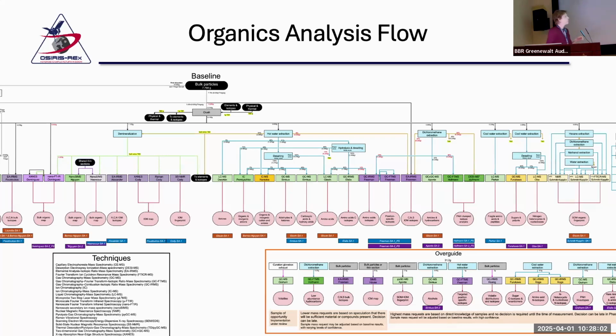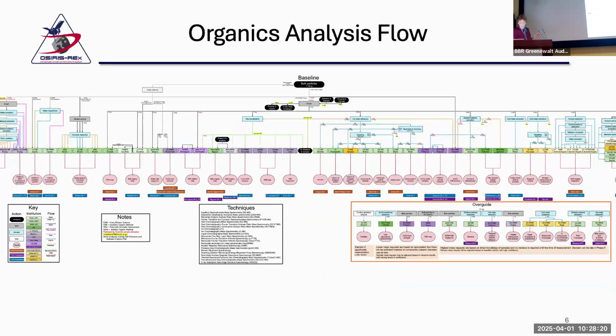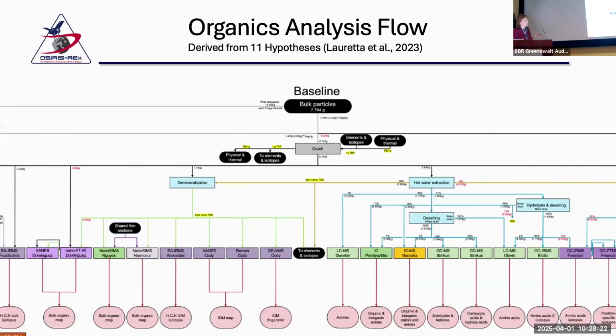So here's a way that we can zoom in and start to see that, again, this is just organic analysis. There are 5 other working groups doing very similar activities, but with very different kinds of instruments. But here's all of our analytes of interest that we're thinking about. Let's see if I can get it to zoom in. There we go.